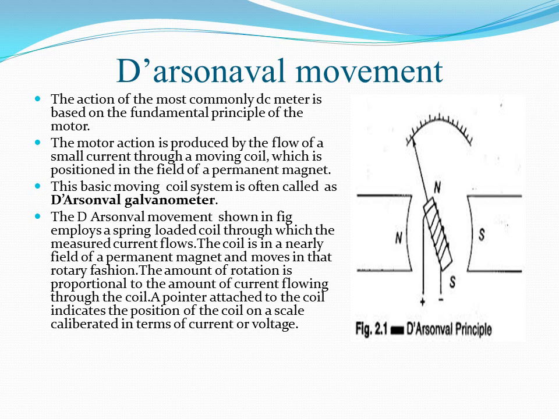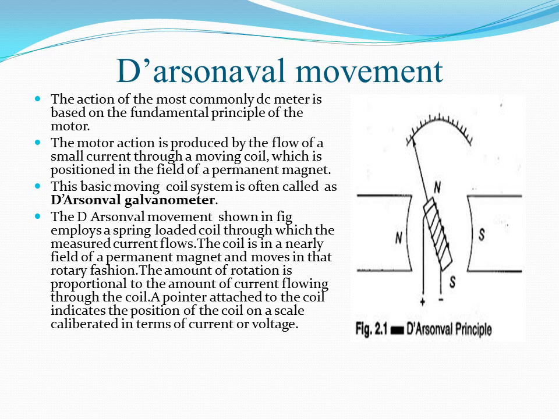The D'Arsonval movement shown in the figure employs a single loaded coil through which the measured current flows. The coil is in the field of a permanent magnet and moves in a rotary fashion. The amount of rotation is proportional to the amount of current flowing through the coil.